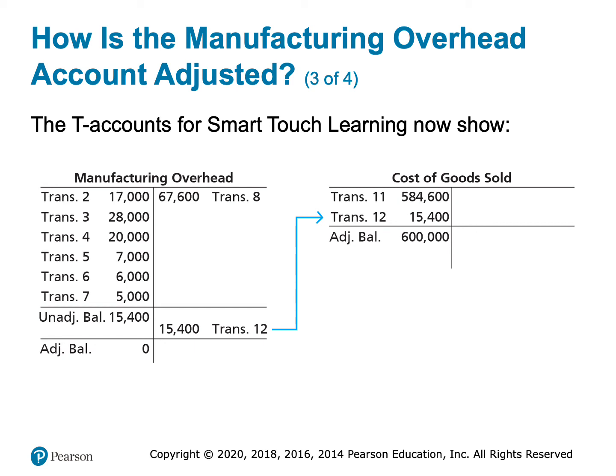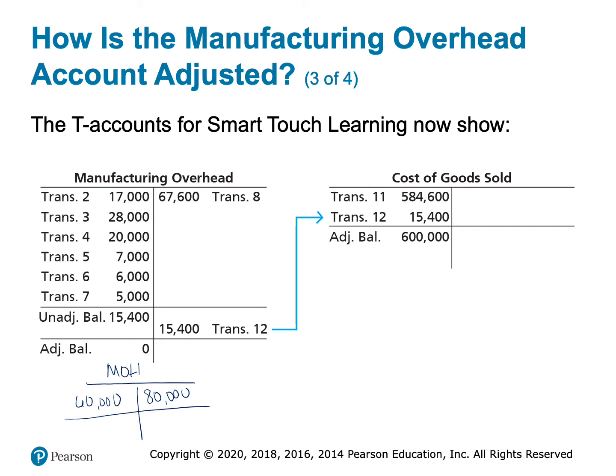Now, before I end the chapter, I just want to point out what would happen if we had over allocated. So I'm just going to draw down here at the bottom real quick. So just pretend with me, we have our overhead T account. I'm just making numbers up here, but pretend with me that allocated overhead was 80,000 and actual overhead was 60,000.